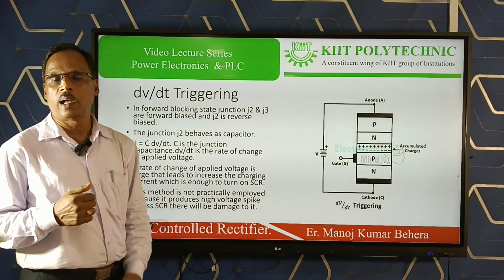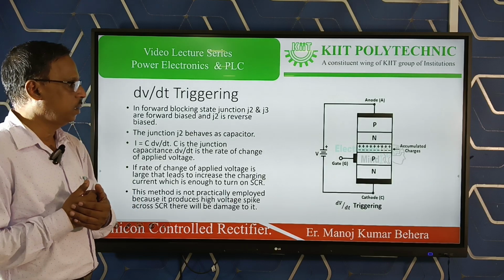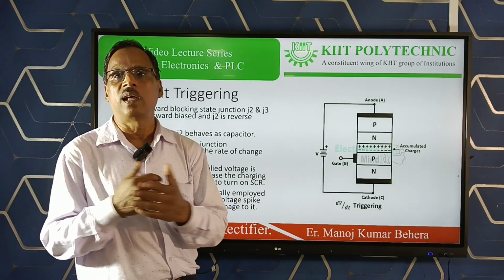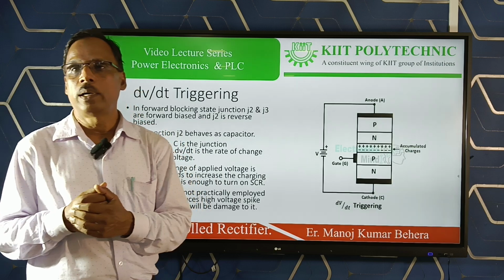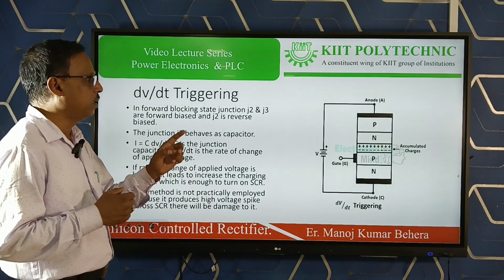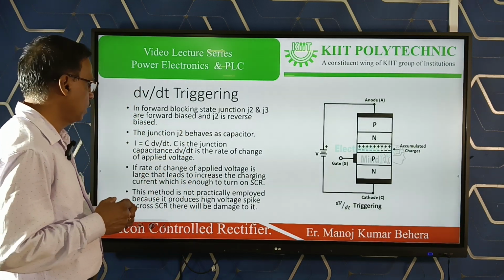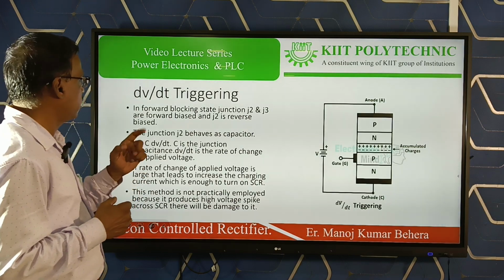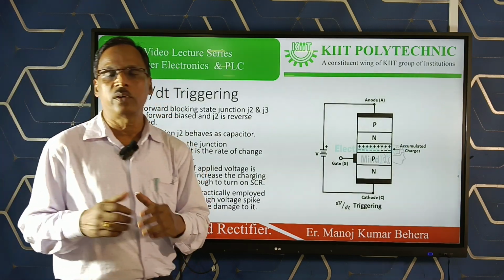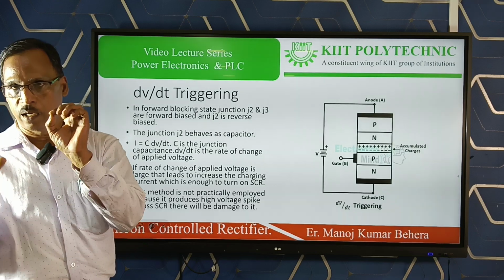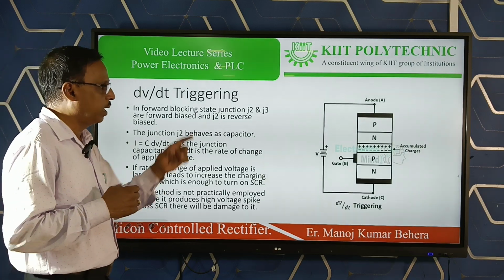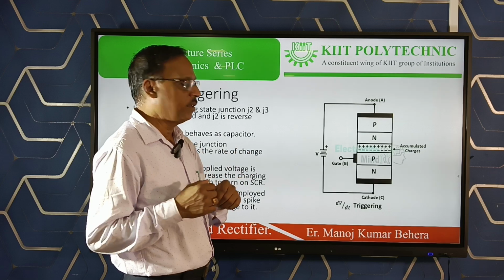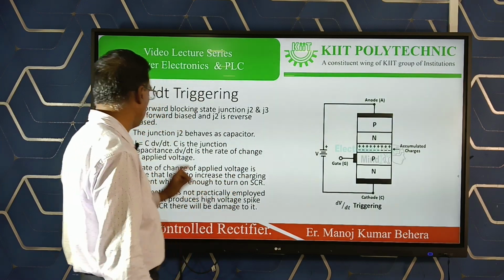Junction J2 acts as a capacitor. If you apply voltage suddenly, it will create a large current and the SCR will start conducting. This is called dVdt triggering because the rate of change of voltage in a fraction of a second increases the current in a large amount, so the SCR will start to turn on.